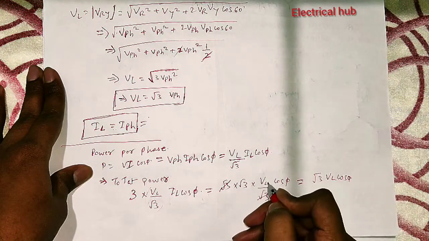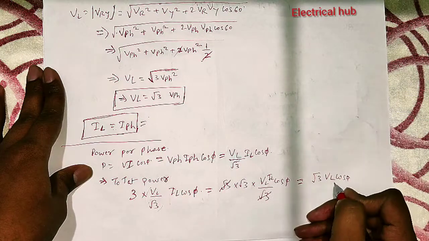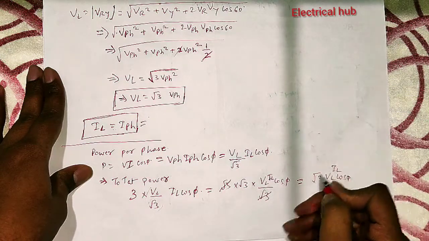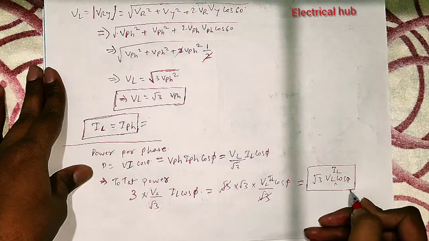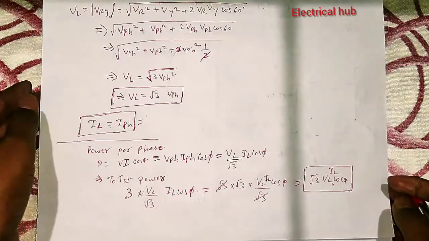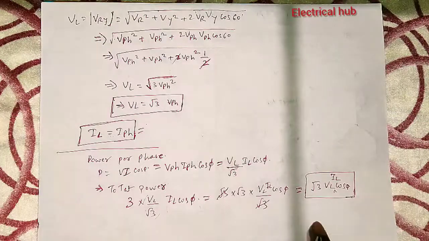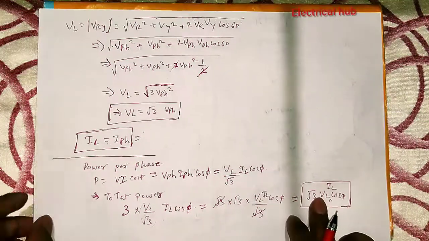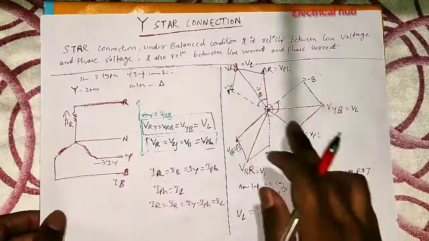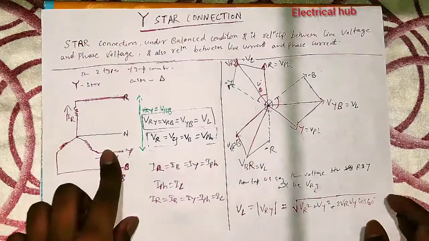Sorry, I forgot to write IL here. This is the basic formula of total power of any 3-phase star connection. This is not a formula for a delta connection. This whole procedure, formula and phasor diagram is all about the star connection.